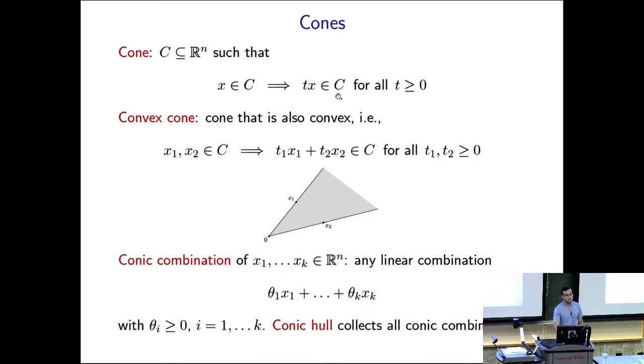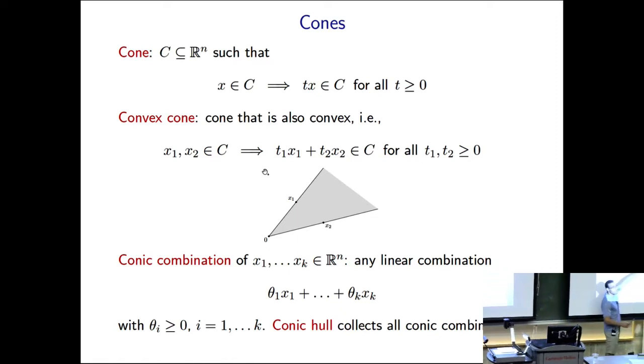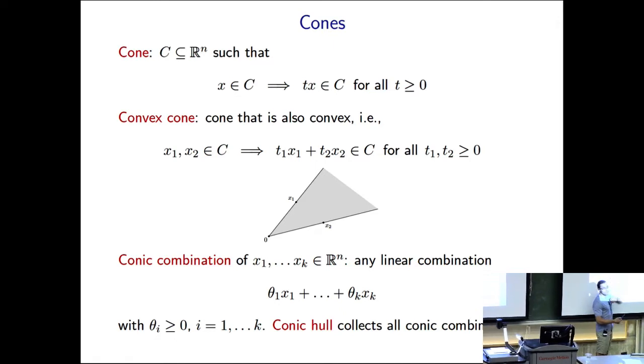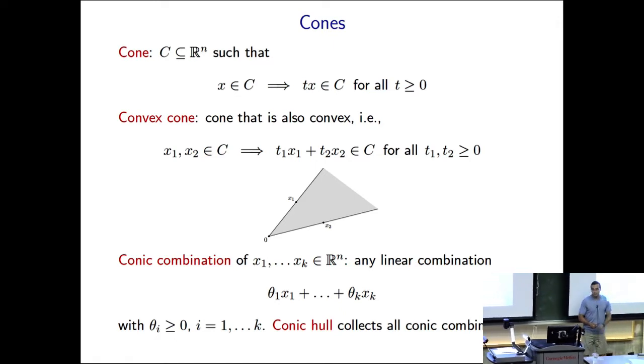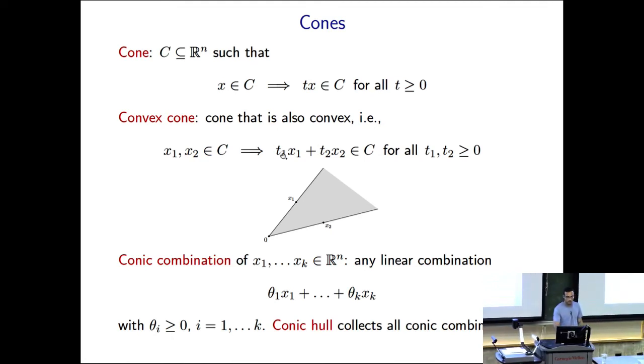A convex cone is a cone that's also convex. If you combine this property with the convexity property, what we require is that t1 x1 plus t2 x2, for any x1 and x2 in the set and for any non-negative t1 and t2, has to lie in the set as well. That's called a conic combination.